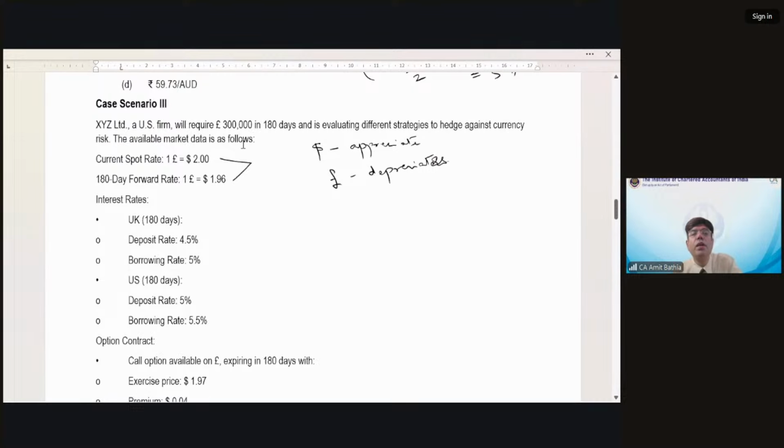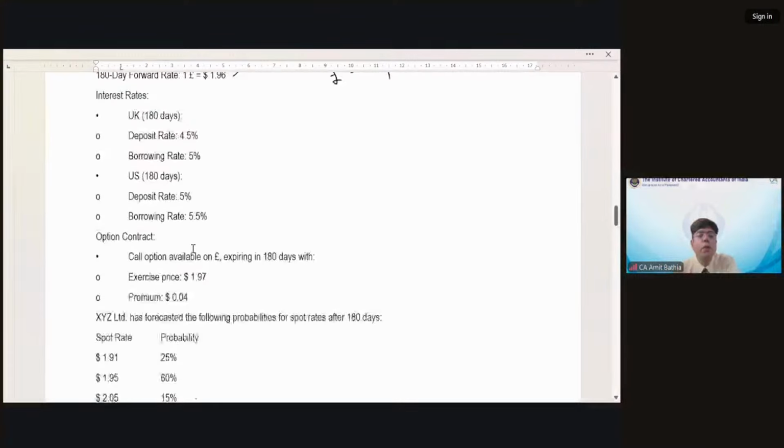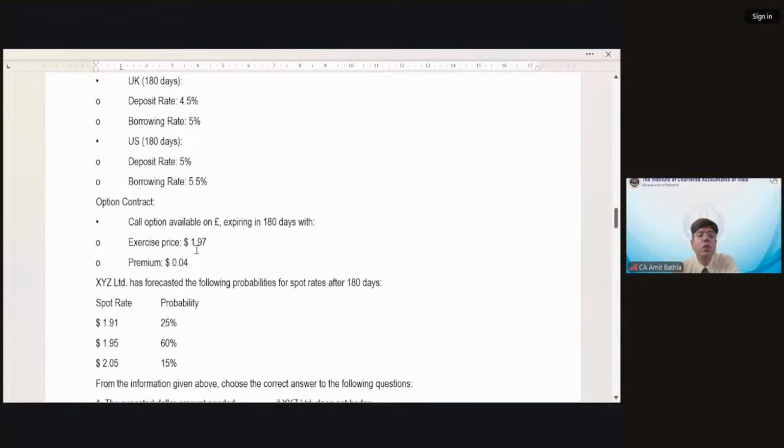So US firm requires 300,000 pounds. So they will need to pay in dollars. They are not going for any hedging option. Remember, they are not going for forward rate. So they are not going to do forward contract. They are not going to do option contract. So what is the possibility in that case?